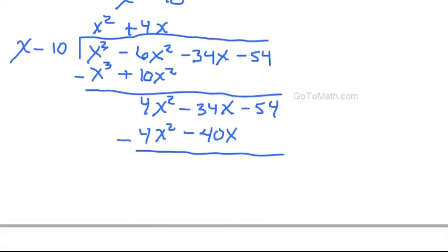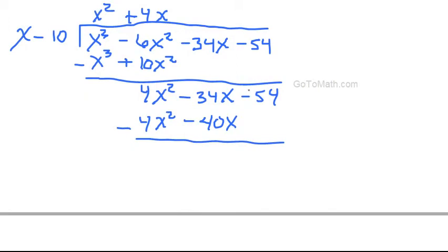I know this is kind of throwing you off here. So that's a minus, that's going to make that a plus, and so that's going to end up being 6x and then minus 54. And then we'll go ahead and multiply that into that, so we got plus 6x, and then 6 times 10 is negative 60.